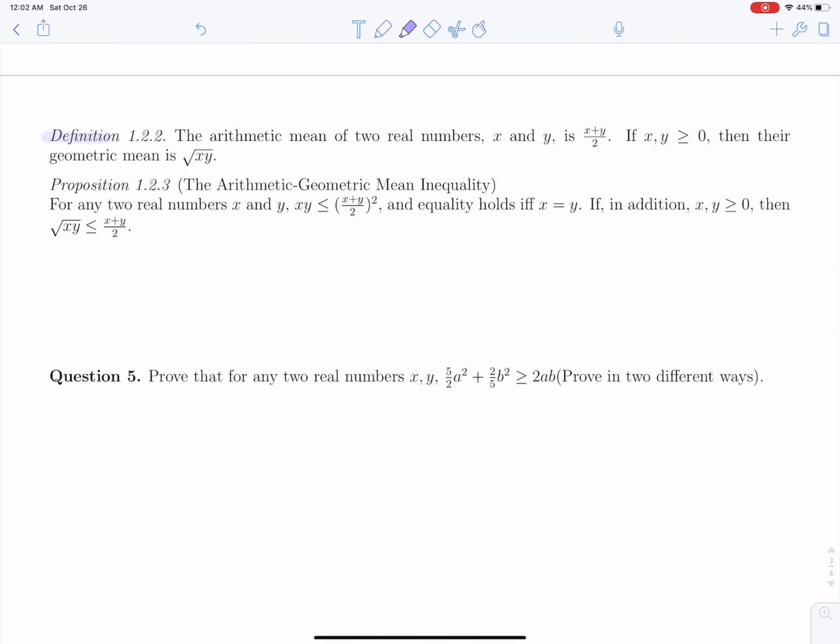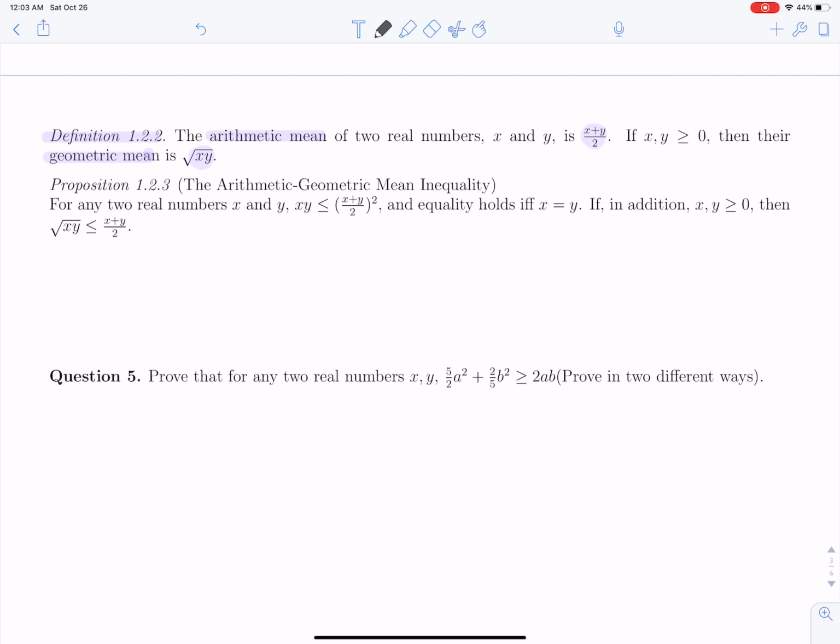Definition, yes, definition. I think this could be like a multiple choice question. They ask you to compute the arithmetic mean of two numbers and then the geometric mean of two numbers. So make sure you know which one is which. Don't mess them up, okay?